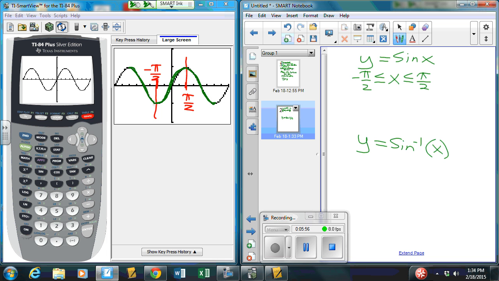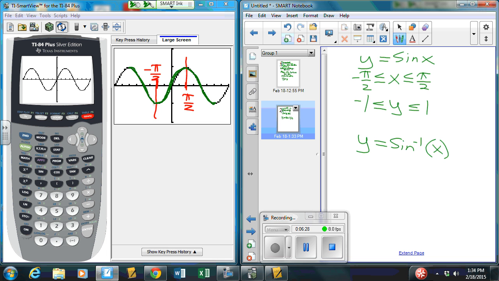And y, or the answer, can be any number between what and what? Remember, sine is defined to be the y value. Look on the unit circle and look at the y values. What's the largest and smallest y value you see? One and negative one. That's exactly right.